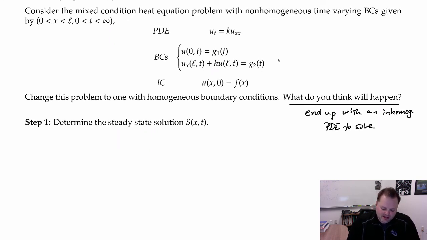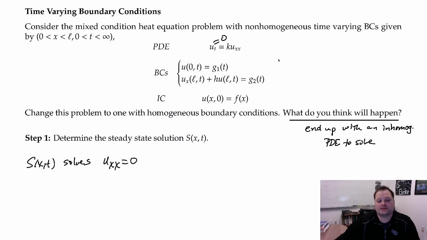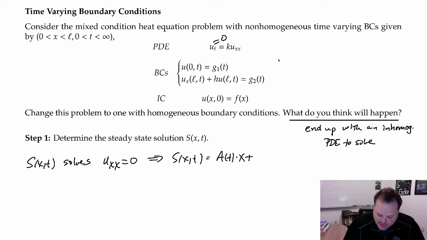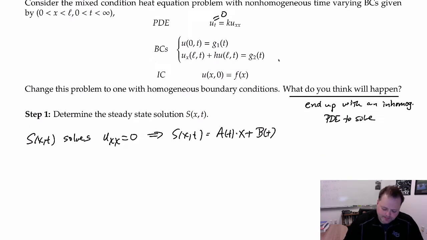So the steady state, S of x, t, solves u_xx equal to 0. Once again, remember, with respect to time, u_t is 0 because you're looking at it as time has gone on to infinity. So u is no longer changing over time. So it solves this. We just did this, so we know that S of x, t is a of t times x plus, let's say, b of t.